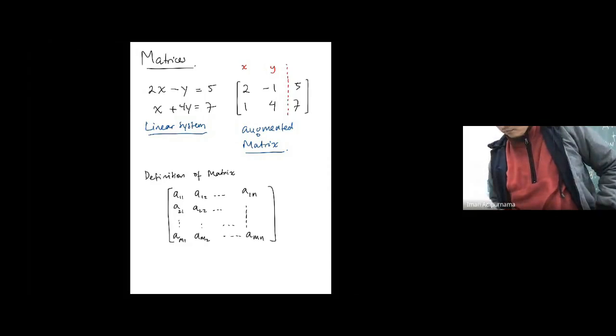So, definition of matrix. Let's say this is M row, and then this is N column.